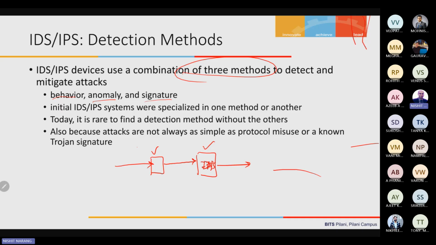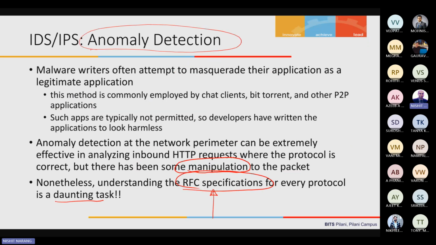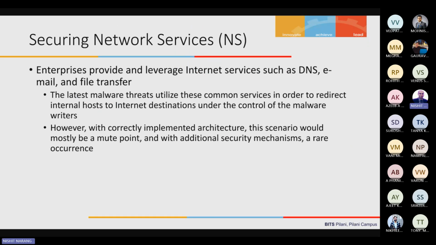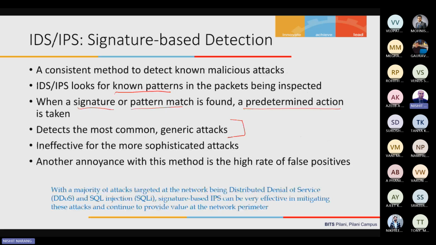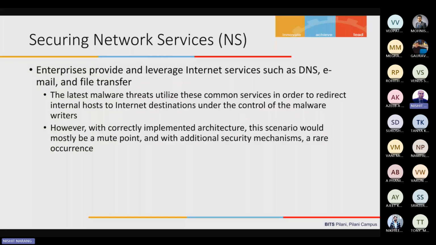And when I create a line of defense using the defense in depth approach, then the shortcomings of one are taken care of by the other and vice versa. And overall, this line of defense creates a pretty robust network security technique. So firewalls, IDPS systems, they have been the mainstay of network security.